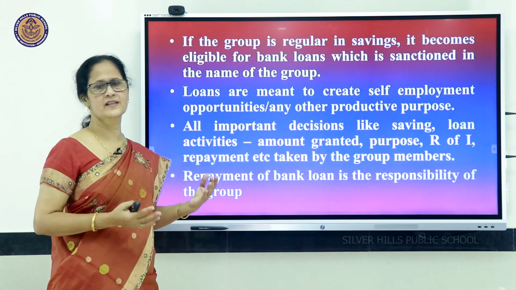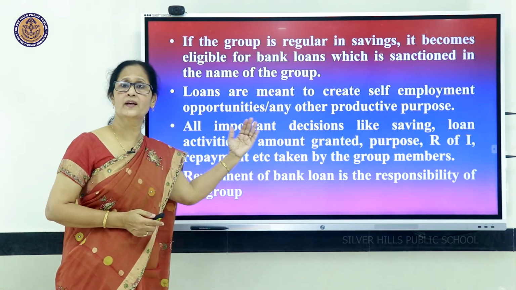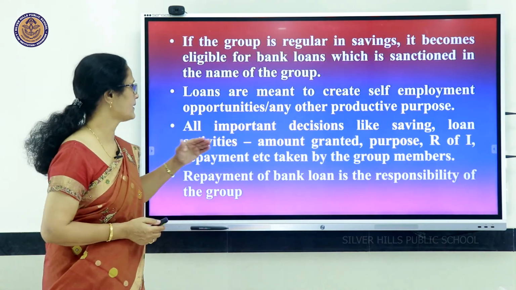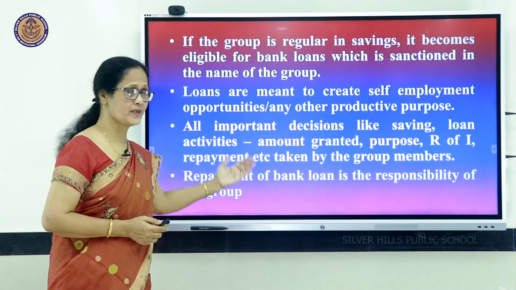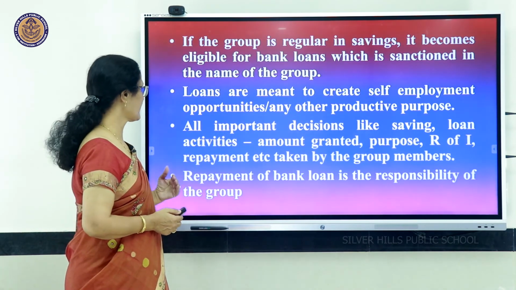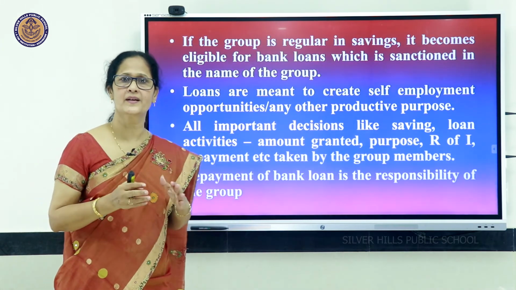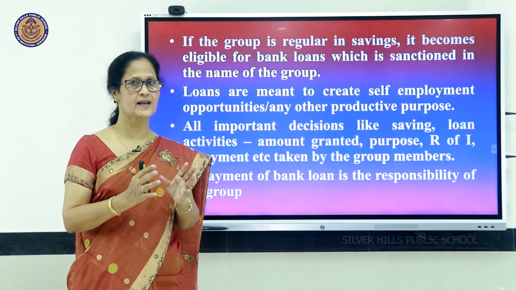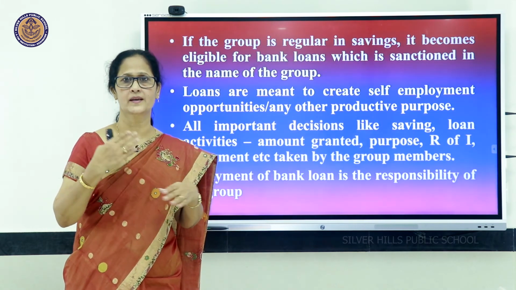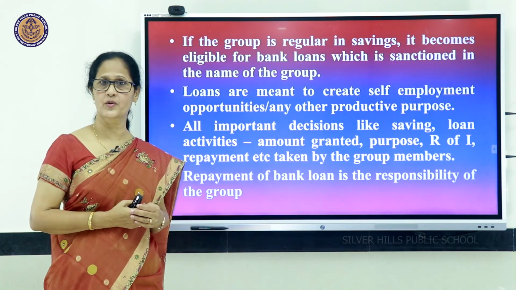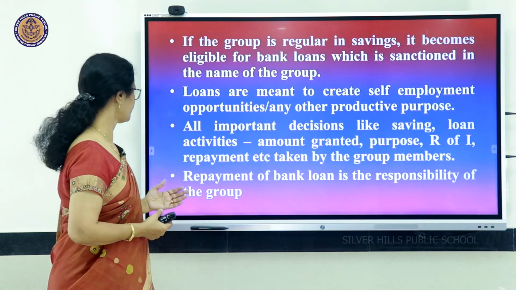All important decisions regarding the loan activities, the amount granted, the purpose of the loan, the rate of interest, repayment, all these are taken by the members themselves. So, you can see that these poor women from rural areas are empowered by self-help groups. They can take their own decisions.